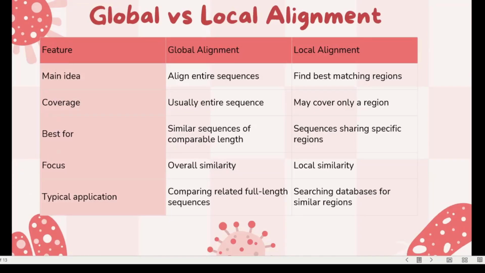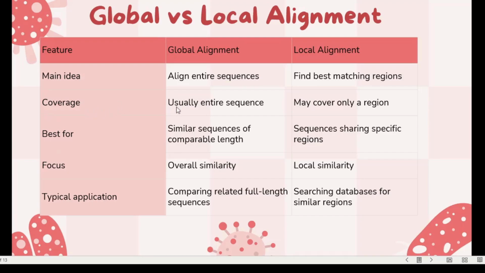Now we'll talk about the fundamental difference between global versus local alignment. Feature wise, we'll go. The main idea behind the global alignment is to align the entire sequence, and in local alignment we find the best matching regions.